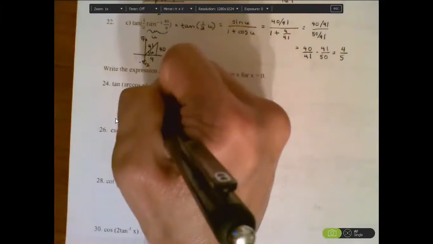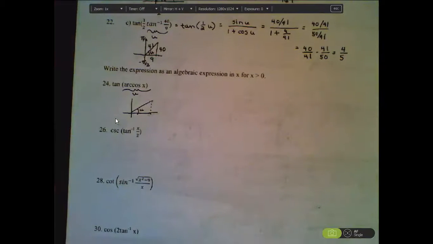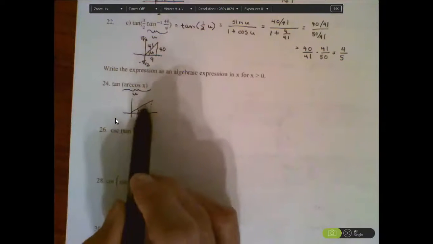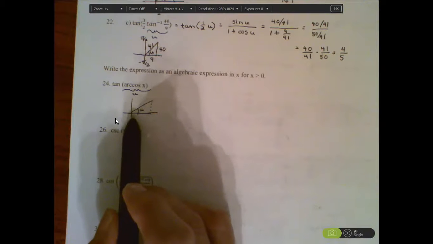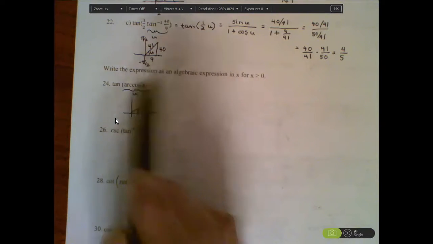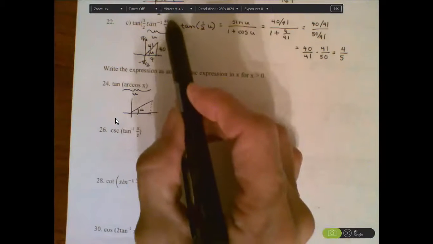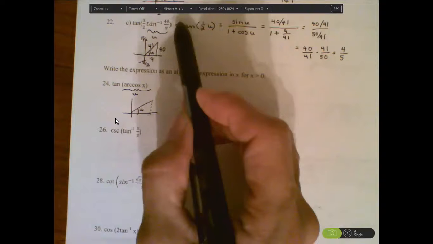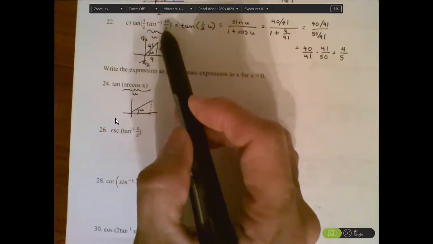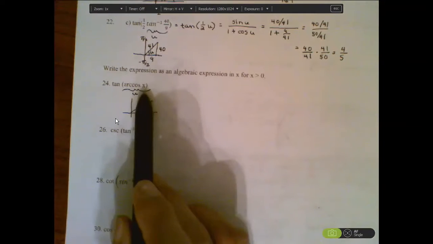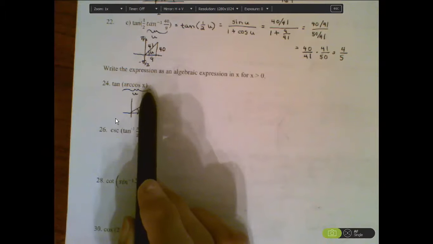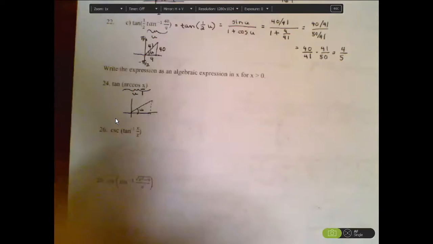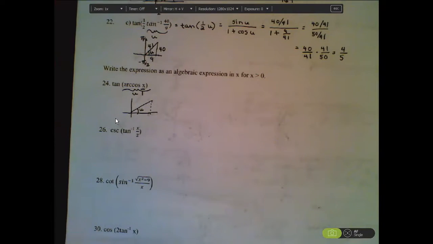drop a vertical line down to the x-axis, and then label that triangle in such a way that its cosine is x. Well, I'm used to the trigonometric value usually being a fraction, like 40/9. So I can see opposite and I can see adjacent. Here, x is not a fraction, but I can write it as a fraction.